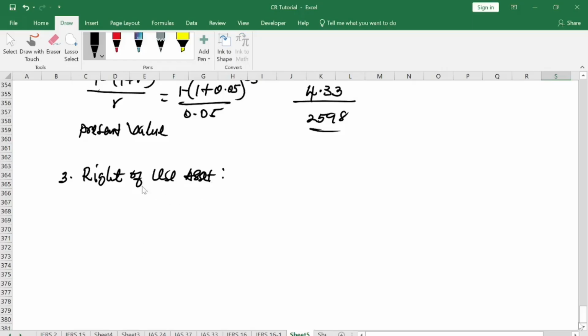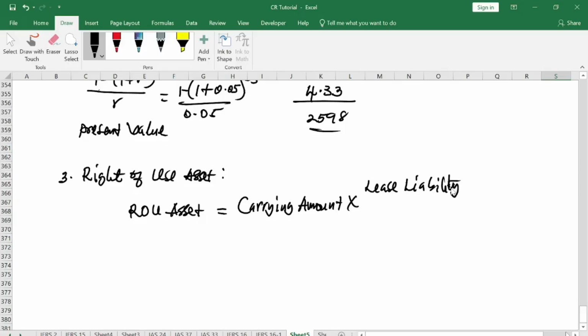The right-of-use asset is equal to the carrying amount of the asset that you sold, multiplied by the present value, which is our lease liability that we just calculated.